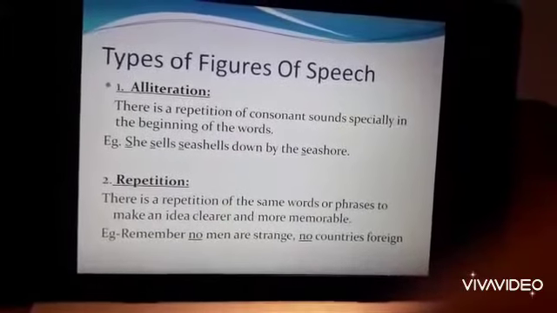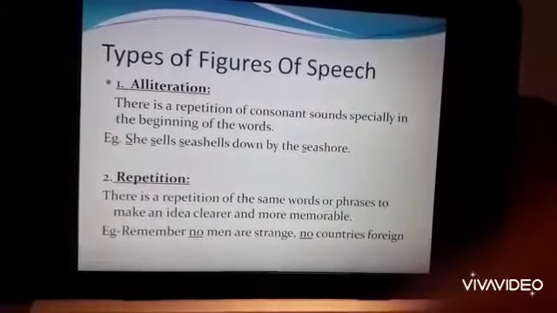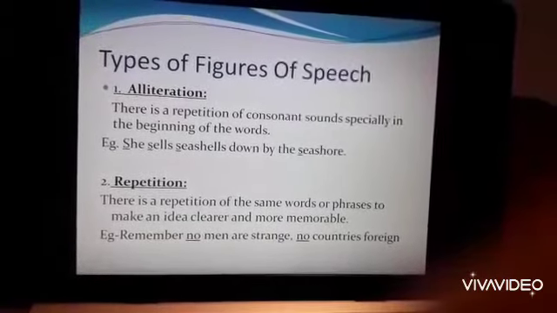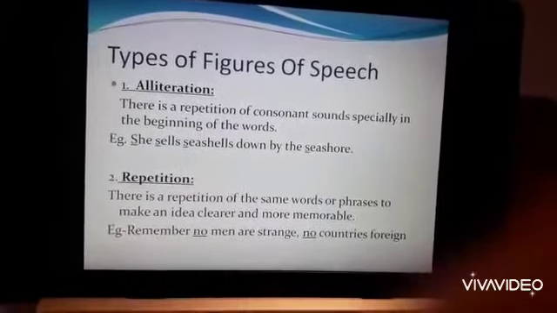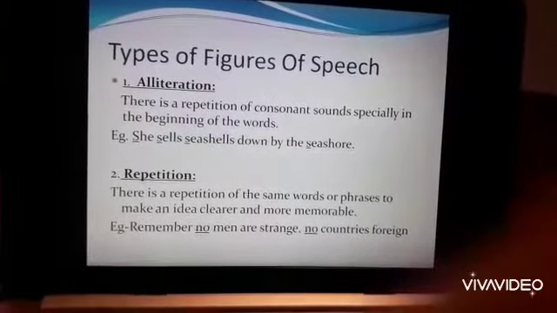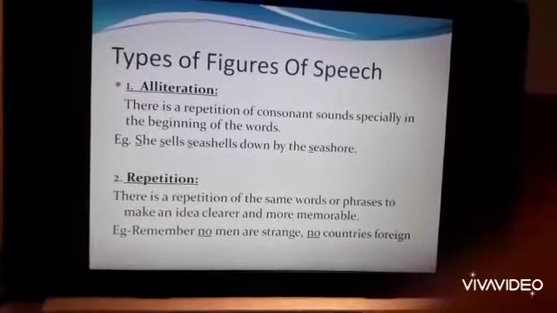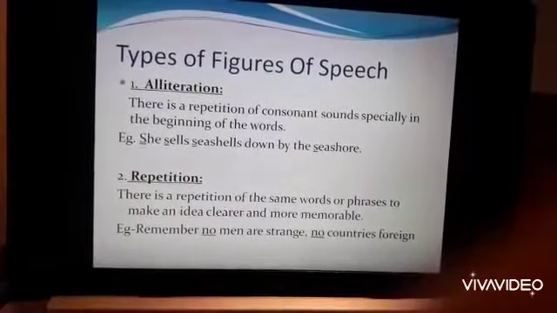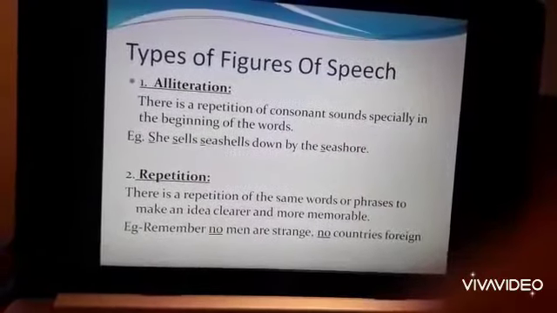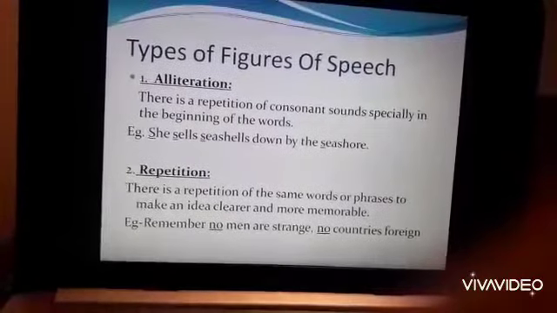Now students, you know that there are two types of sounds, that is vowel and consonants. So here we need to find the consonant sound which is repeated in the sentence. So we'll have the example: she sells seashells down by the seashore.